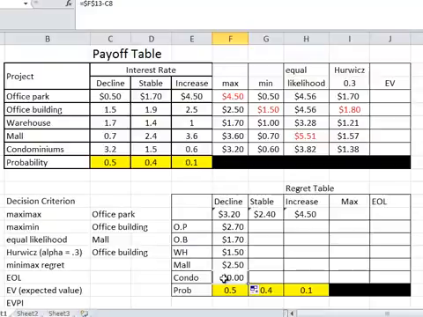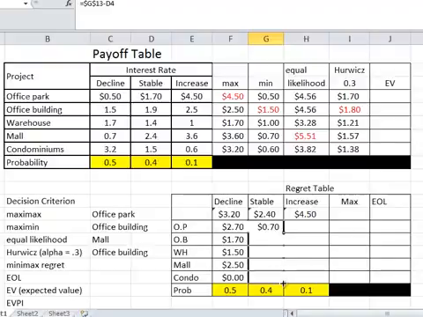Similarly, we can find regrets under state of nature 2, which is interest rate remaining stable. Once again, here's what we're going to do: the maximum payoff under that state of nature minus what you actually get. So the regret for Office Park is $0.7 million if interest rate remains stable.